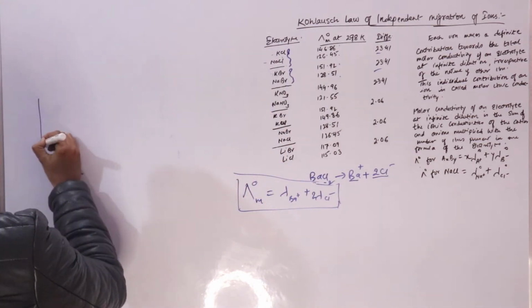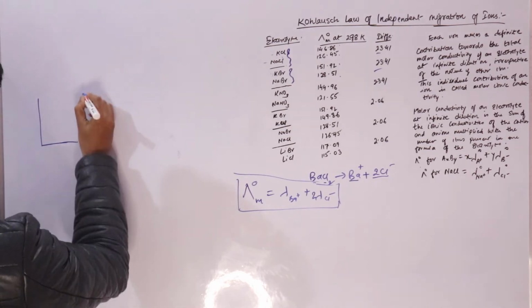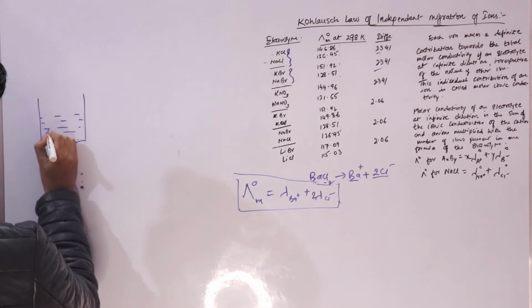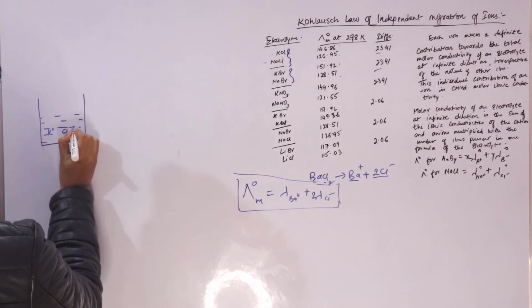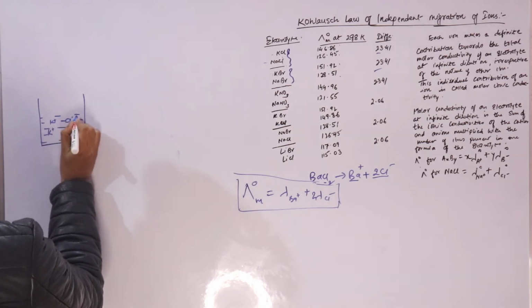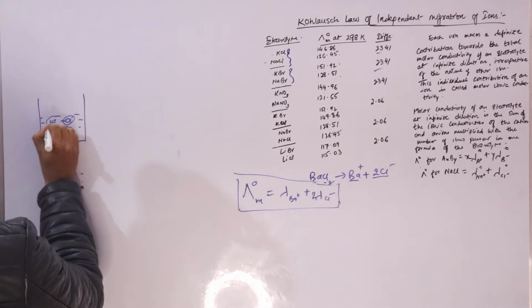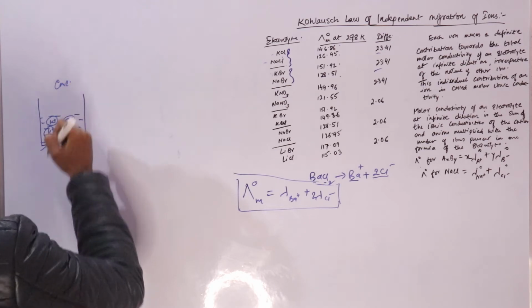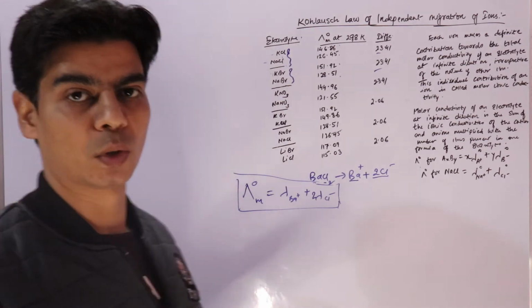If we take, say, a concentrated solution, suppose this is a solution and it contains potassium ions and chloride ions, and they are moving randomly. This is a concentrated solution, that means it contains less water.